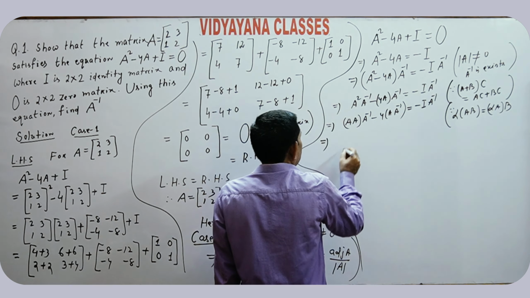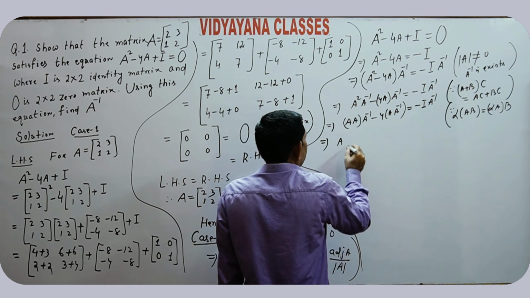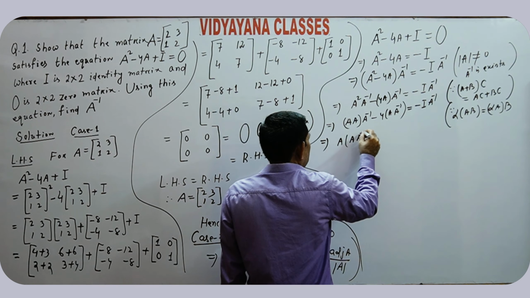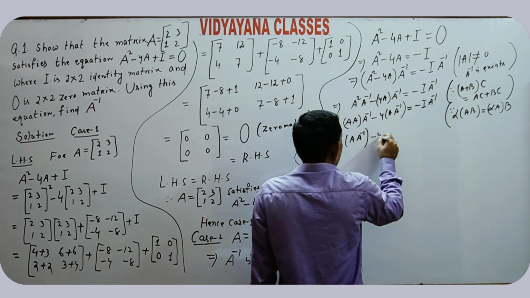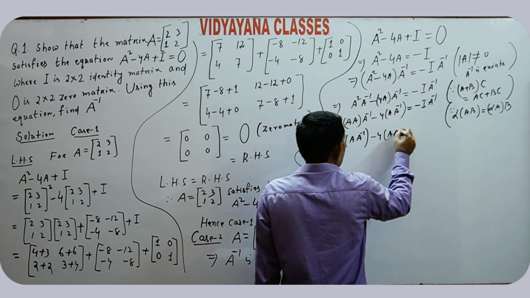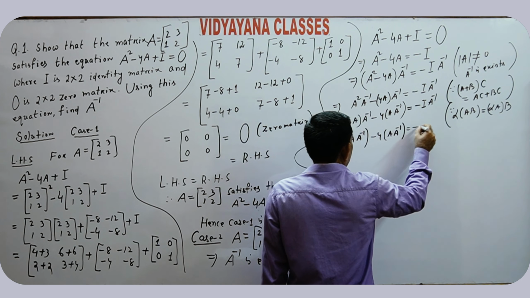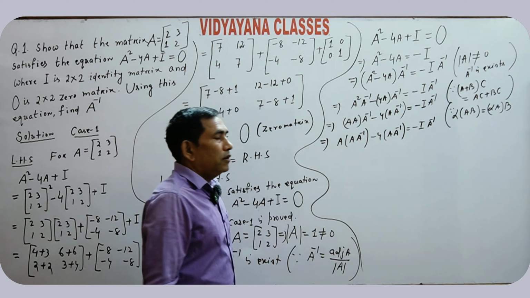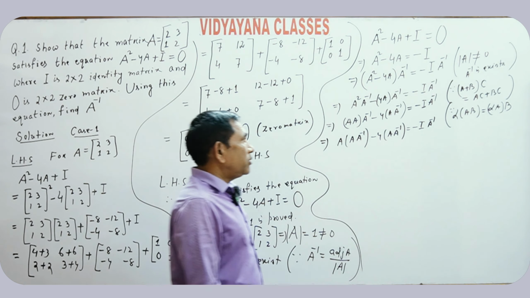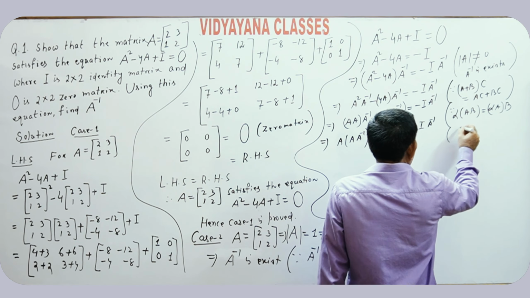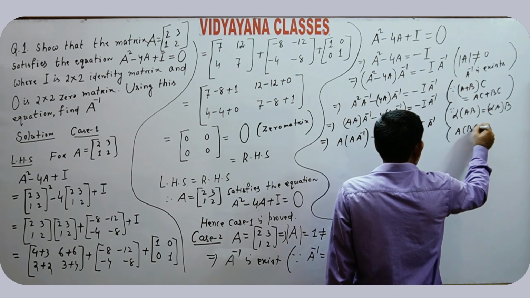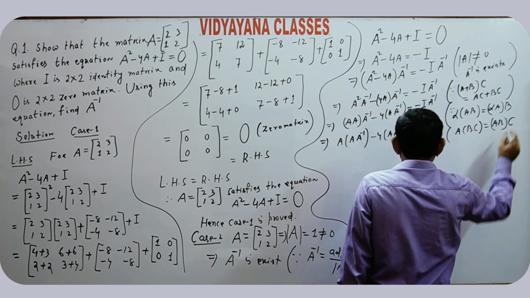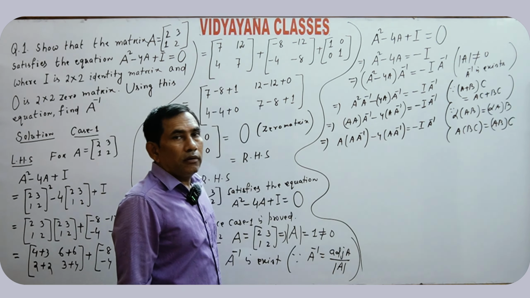Which is the same as A into A inverse minus 4 A inverse, which is equal to minus I into A inverse. Matrix product is associative. Clear?